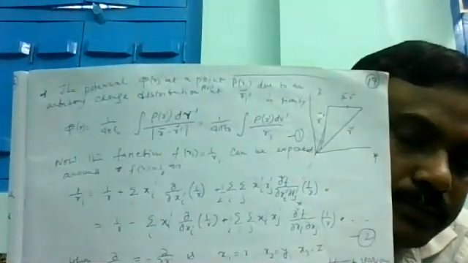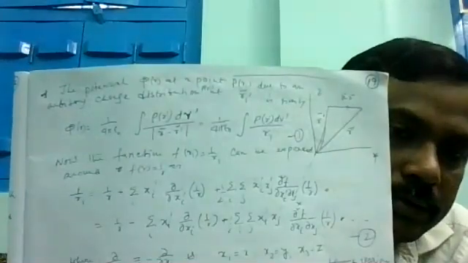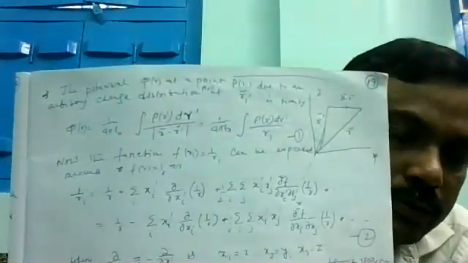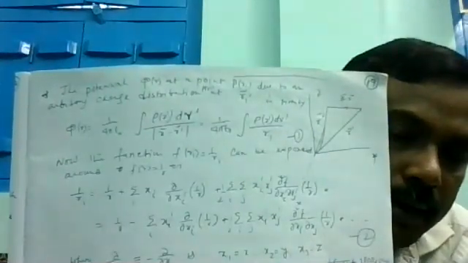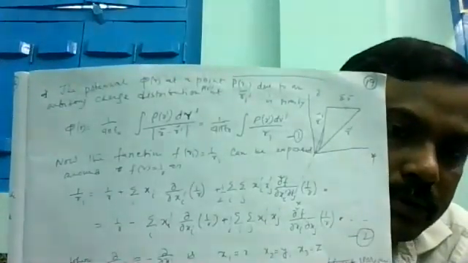You can see that the expansion of 1 by r1 around r is 1 by r1 equals 1 by r minus summation over i xi dash del xi dash of 1 by r plus half summation over i summation over j xi dash xj dash del 2 by del xi dash del xj dash of 1 by r plus and so on.